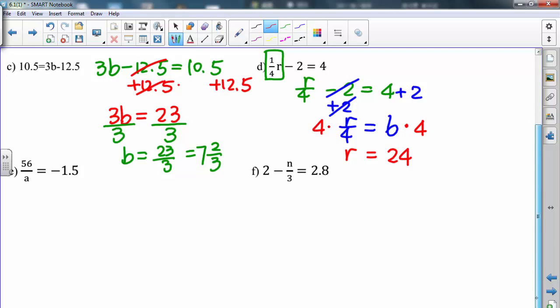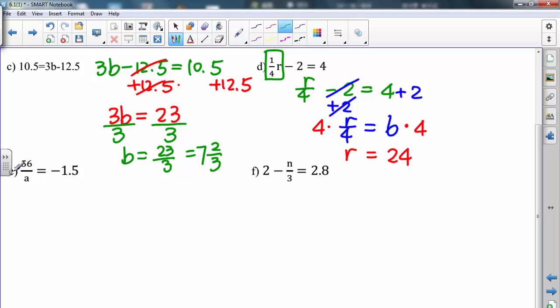Okay, let's look at how we can solve E. 56 divided by a equals negative 1.5. This time, the variable a is in the denominator. I will do the same thing. 56 divided by a, it's dividing. The inverse of dividing is multiplication.